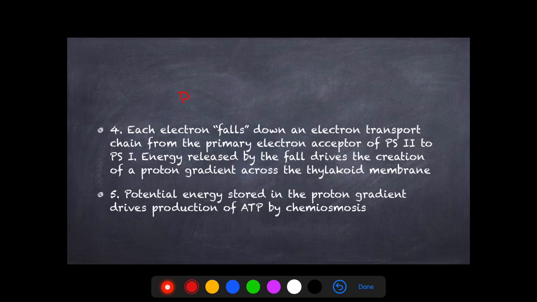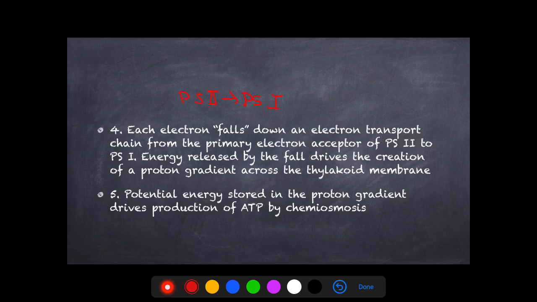Number 4, electrons are going to go down the electron transport chain from photosystem 2 to photosystem 1. Electrons going down the electron transport chain will cause a proton gradient across the thylakoid membrane. Okay?